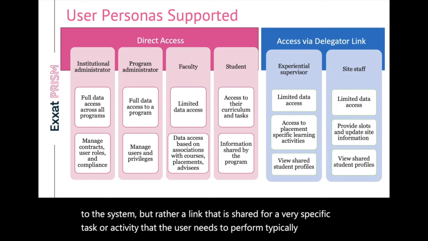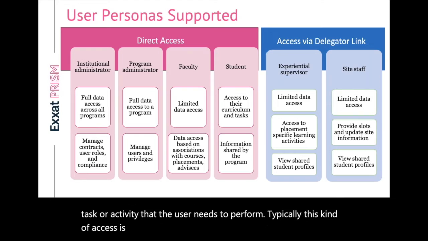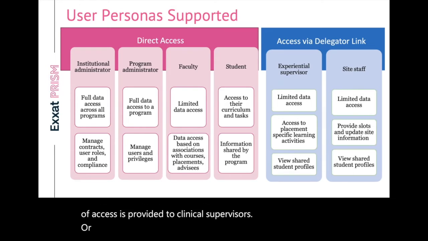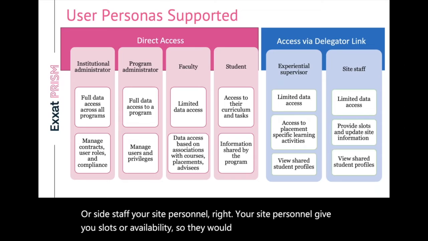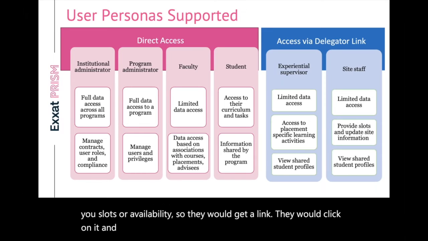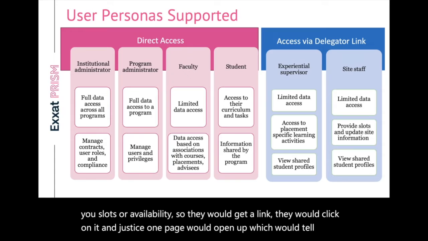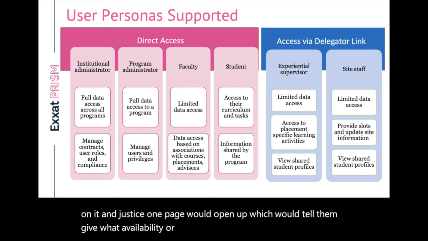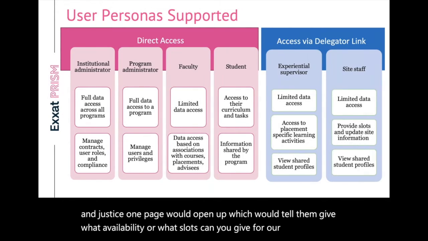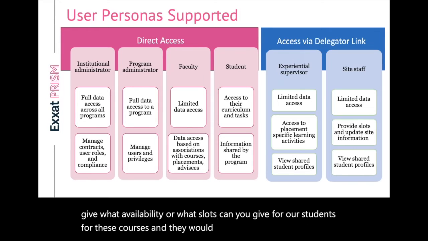Typically, this kind of access is provided to clinical supervisors or site staff, your site personnel, right? Your site personnel give you slots or availability. So they would get a link, they would click on it, and just one page would open up, asking what availability or what slots can you give for our students for these courses, and they would just fill that one page and hit submit.